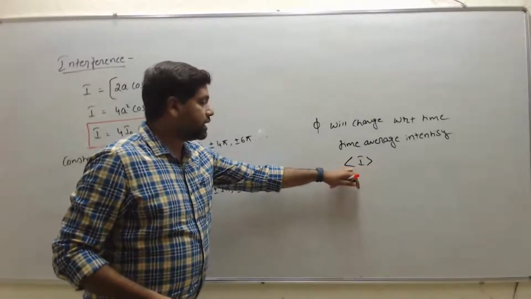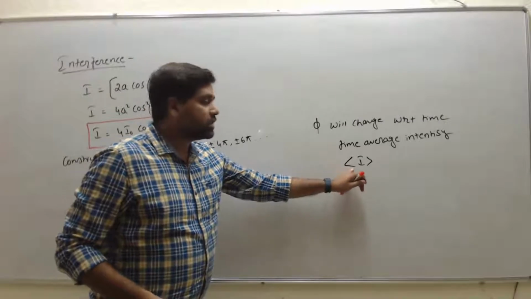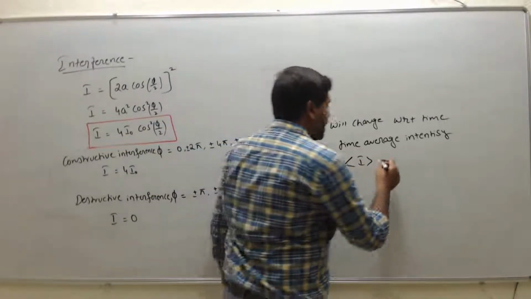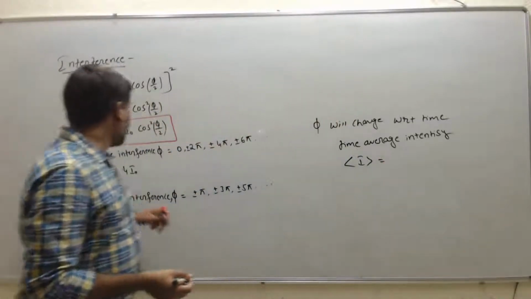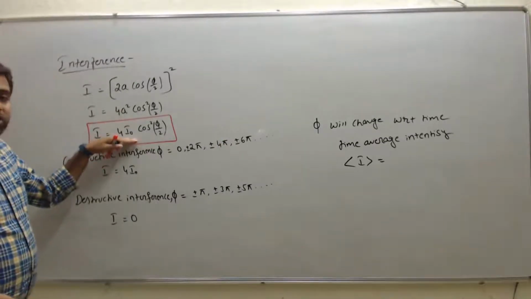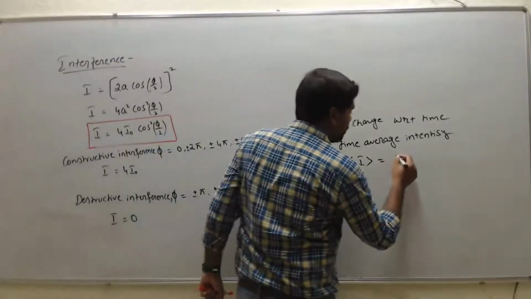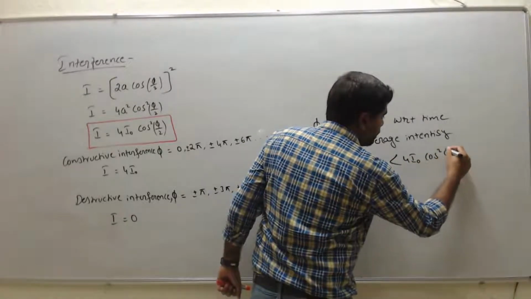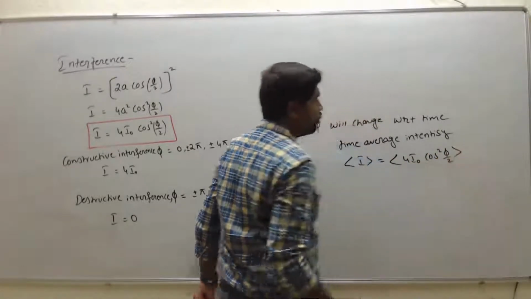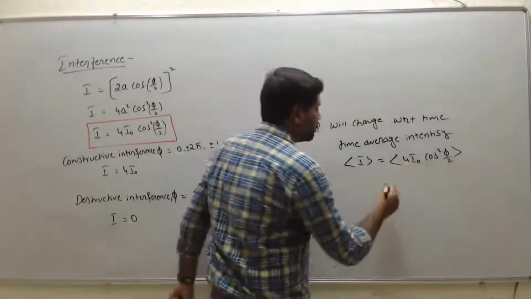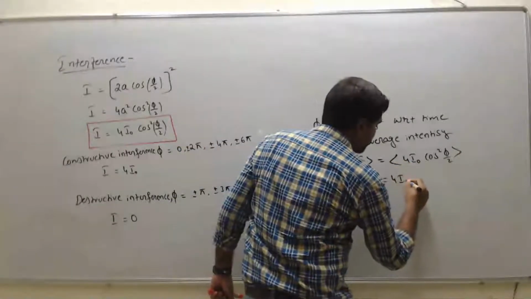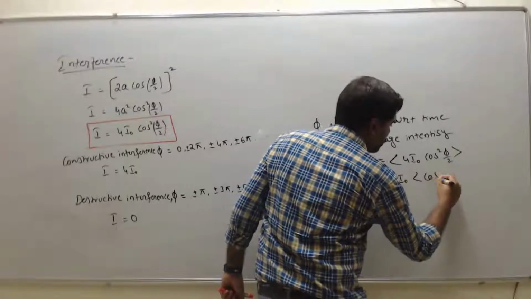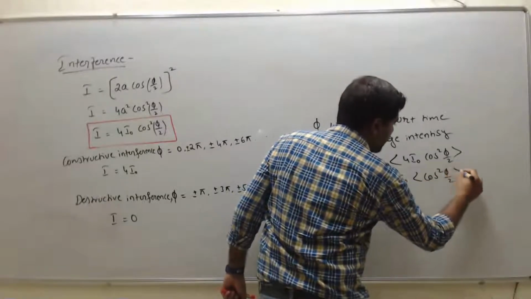Brackets here represent the time average. So the time average of intensity I equals 4 I naught cos square phi by 2. Here 4 I naught is a constant, so we can write it outside: 4 I naught times the average of cos square phi by 2.